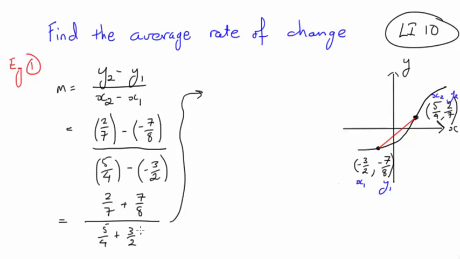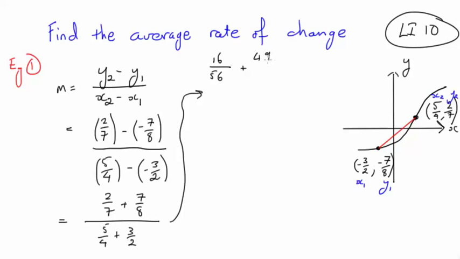Alright, well, we've got some fractions. Common denominator here is going to be 56 and a common denominator here is going to be 4. So let's rewrite our fractions. I'm going to multiply the top and bottom here by 8. So I'm going to get 16 on 56 plus, and I'm going to multiply the top and bottom here by 7.